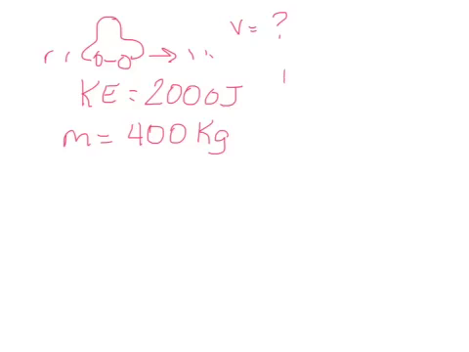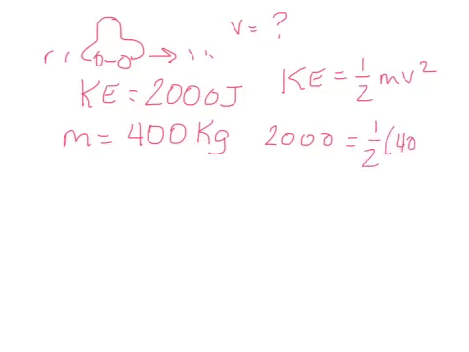We know kinetic energy equals 1/2 mass velocity squared. So we know 2,000 equals 1/2 of 400 times v squared. So 2,000 equals half of 400, which is 200, times velocity squared.